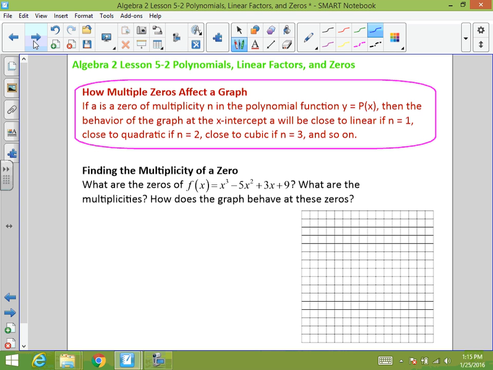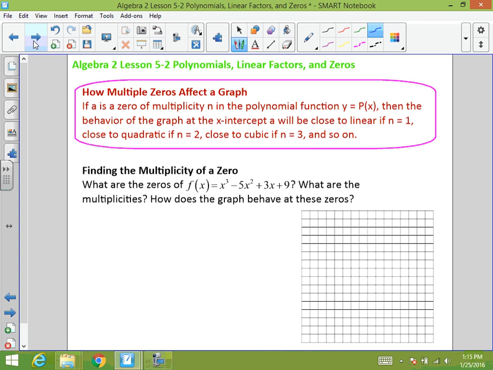So we're going to find the multiplicity of a zero. What are the zeros of f of x equals x cubed minus 5x squared plus 3x plus 9? You don't know how to factor this. You don't know how to use polynomial long division yet to factor this. So we're going to use our graphing calculator for this particular problem. If I put this graph in my graphing calculator, I'm going to sketch it, and then we'll analyze it from there.